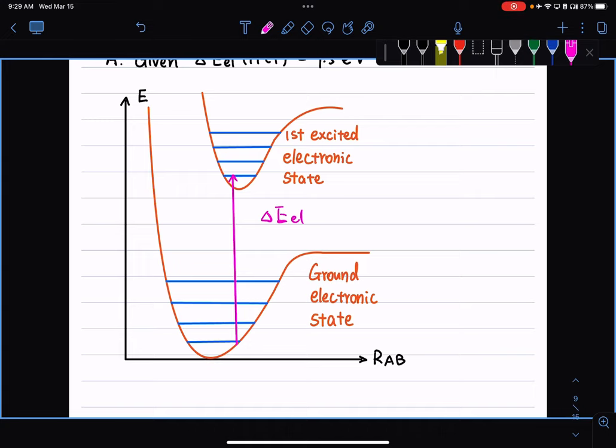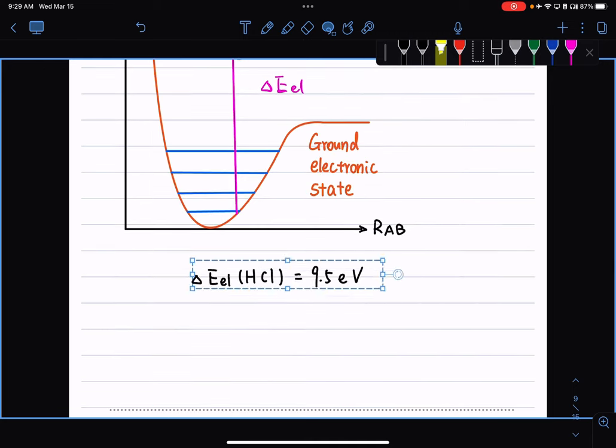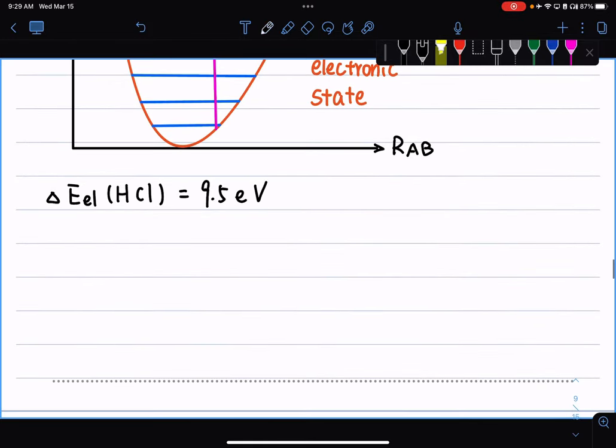And the question asks, which type of EM radiation should we use? So we can do that calculation together. We know that delta E of HCl equals 9.5 electron volts. And my lambda electronic equals hc over delta E. You can plug in the numbers to get 1.306 times 10 to the negative 7 meter.